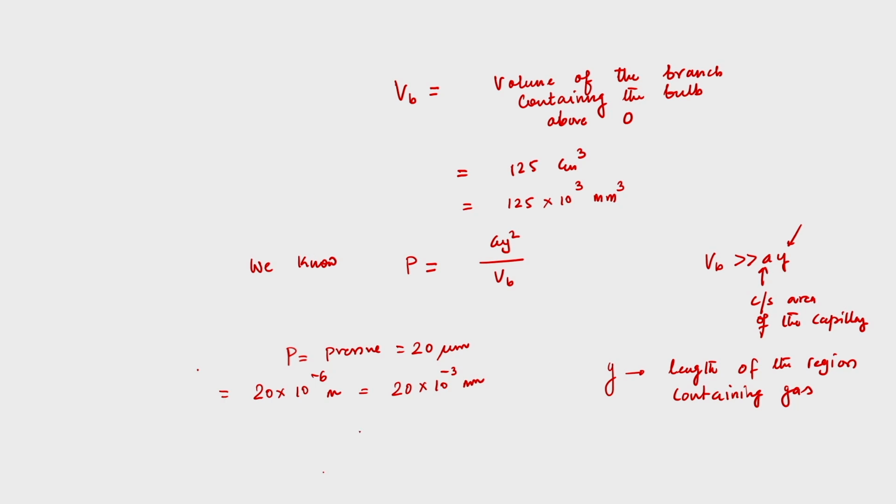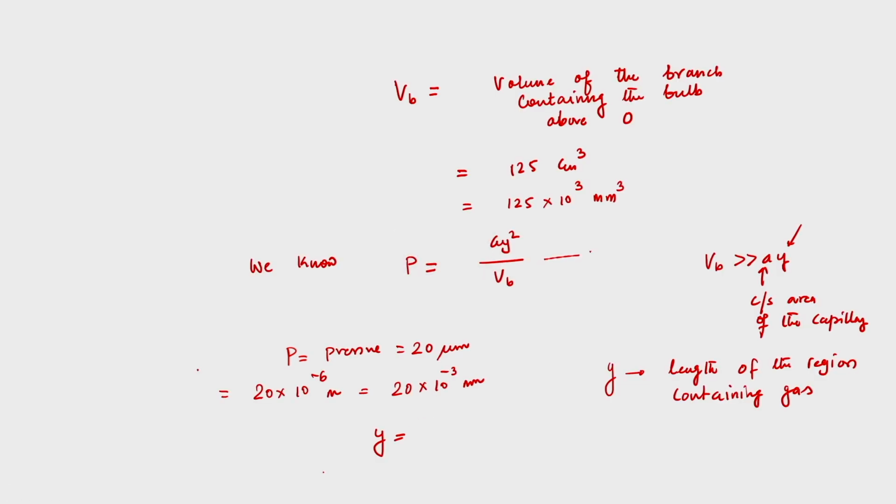So, Y we can directly get from equation 1. From equation 1 we get Y square is equal to VB into P divided by A.